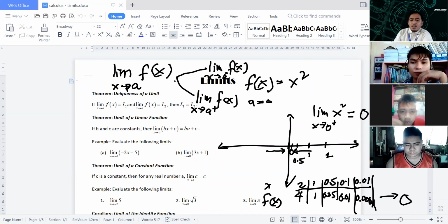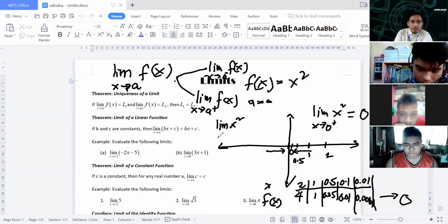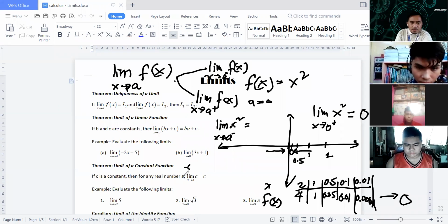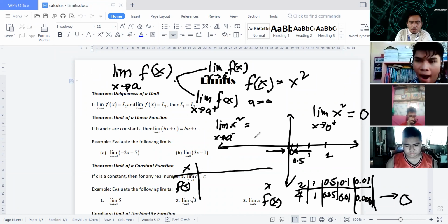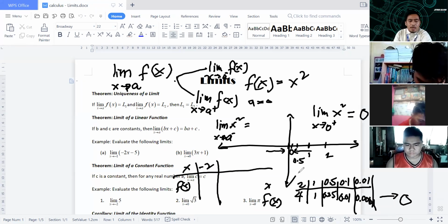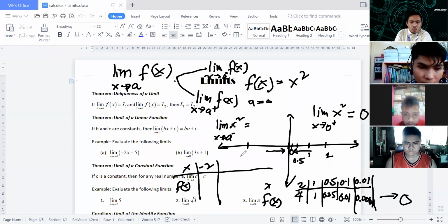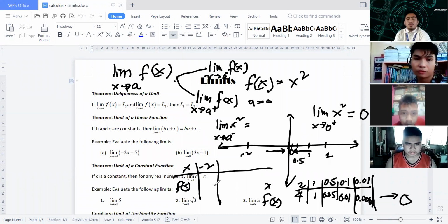Okay, let us also consider the limit of your f of x, say x squared, as x approaches a from the left-hand side. So this time, let's consider the left-hand side. We may have here negative 2, right? What is the value of your f of x if your x is negative 2? Positive 4.